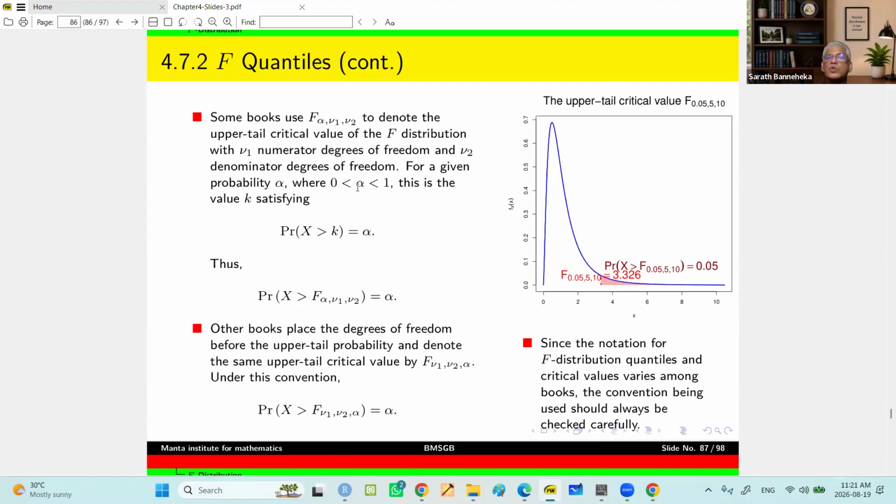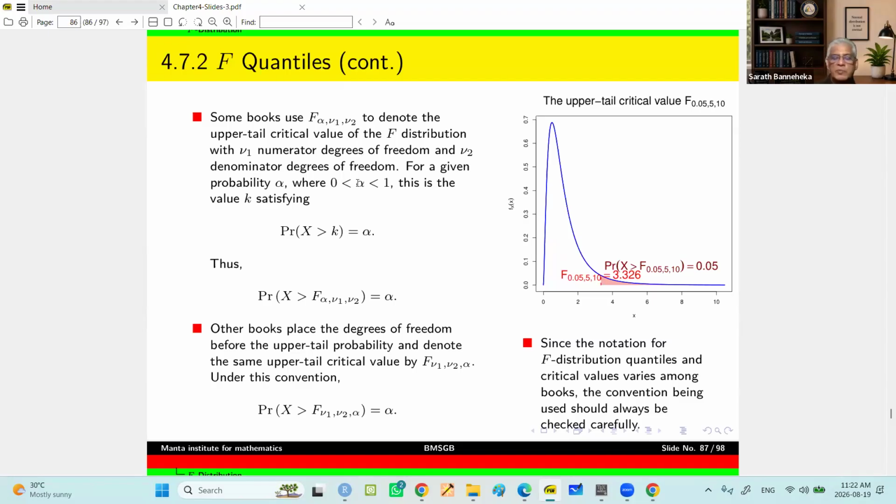As far as these two notations are concerned, they are not going to be confusing because we know that nu1 and nu2 are in general greater than or equal to 1, and alpha is a number between 0 and 1. So whenever you have numbers instead of the notations, the two numbers should be the degrees of freedom and the decimal number should be the probability.